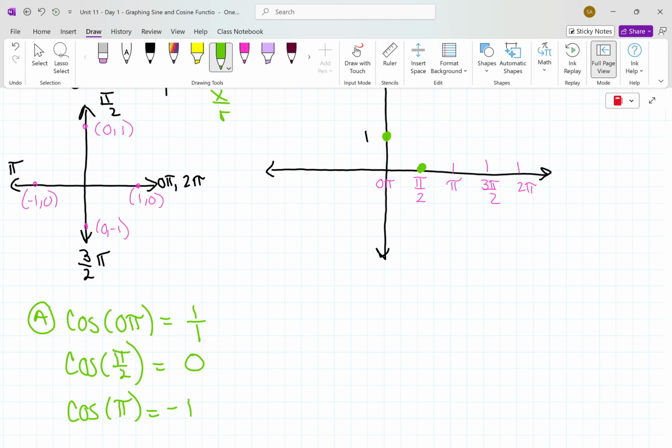Do we all agree that's -1? Cosine of 3 pi over 2? 0. And the cosine of 2 pi is back up at 1.